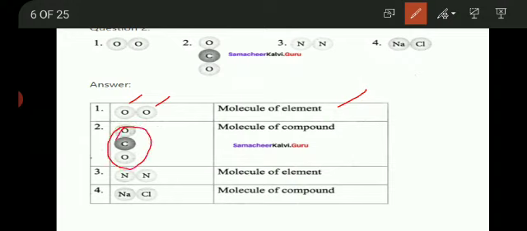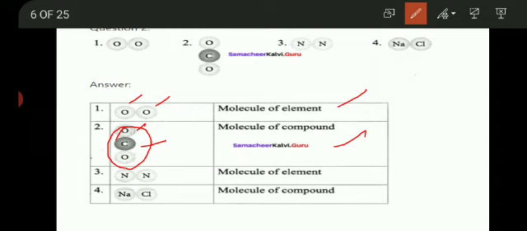CO2 means what? Compound. A compound means two or more elements combined together in definite proportions, in a fixed ratio. We know that. Carbon is one element, oxygen is another element. These are combined in a fixed ratio, so we call this one a compound.